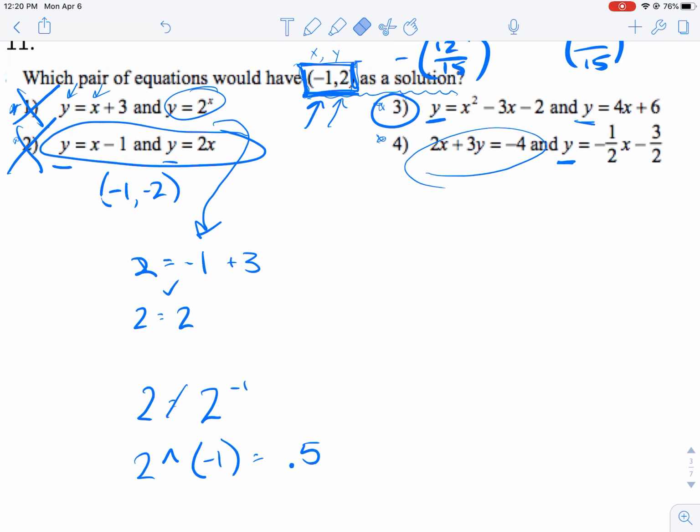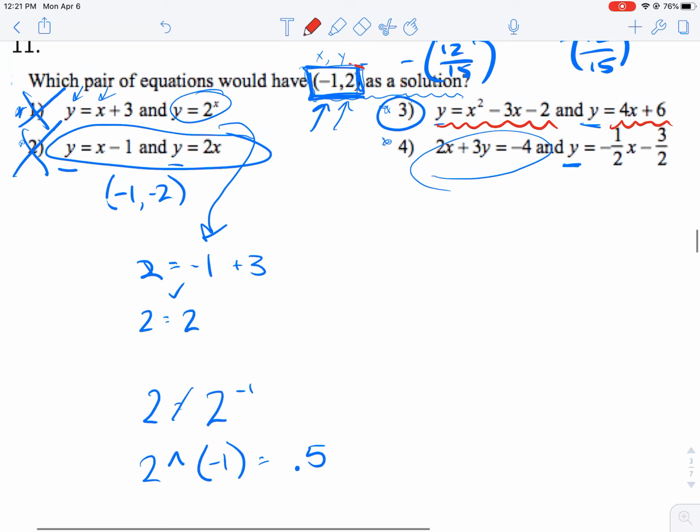Let's try this one right here. Let's plug that into our y equals. So go y equals x squared minus 3x minus 2. Then you go to the second y equals, and you type in 4x plus 6. In your y equals, you should have this equation right here, and this equation right here.